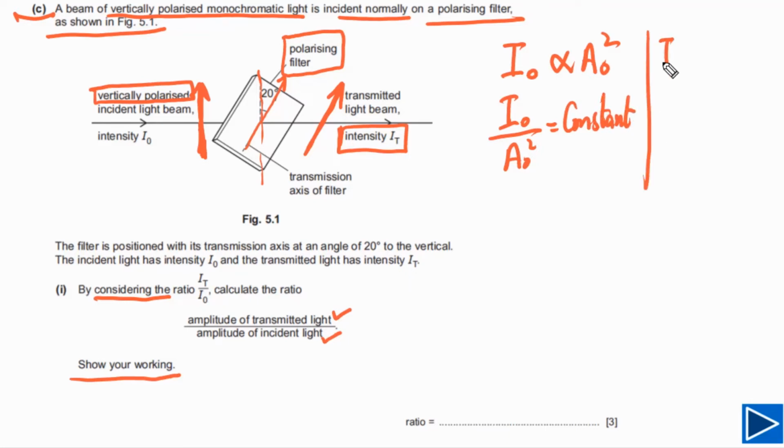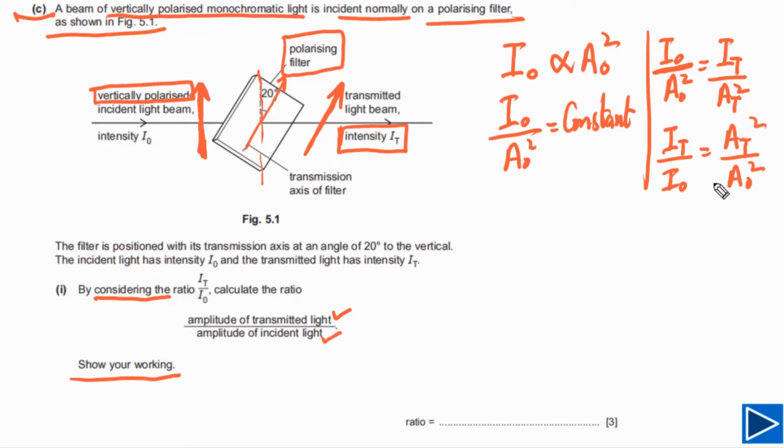So in this case, we can also say that intensity of incident light over amplitude of incident light squared will be equal to intensity of transmitted light over amplitude of transmitted light squared. If we rearrange this one, we can write down IT over I naught equal to AT squared over A naught squared.